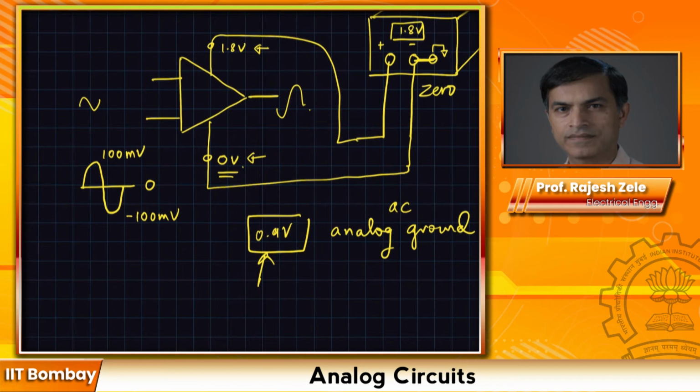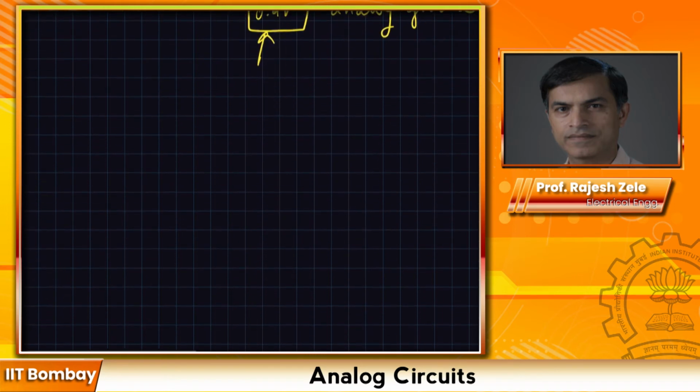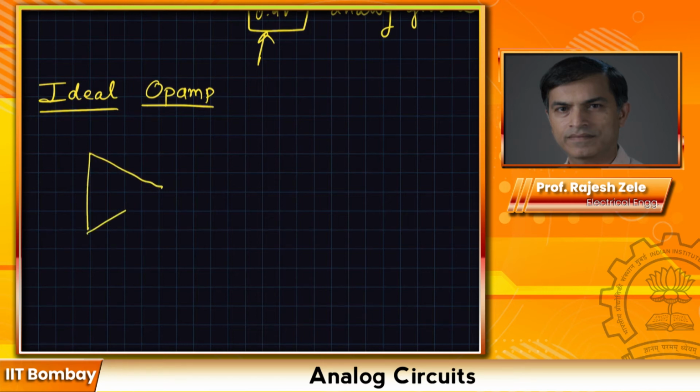Let's talk about the ideal op-amp. What are its characteristics? We don't call it an operational amplifier every time; we shorten it and affectionately call it op-amp. We show it with a triangle.